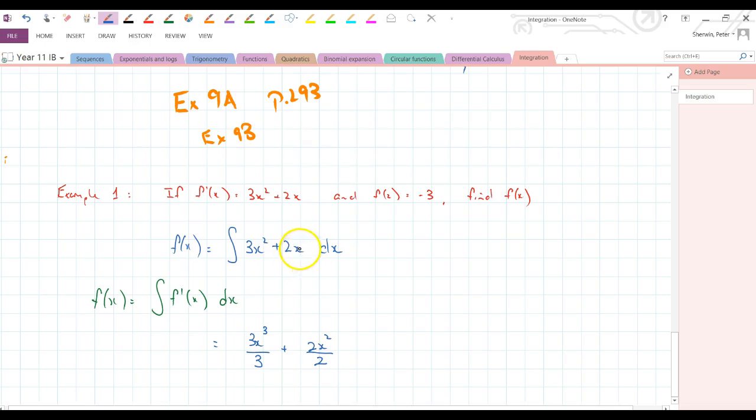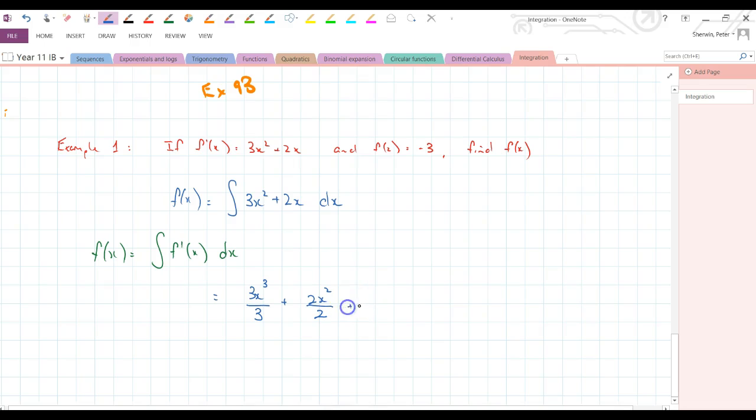So we hold the 2, increase the power of x by 1, and then divide by that new index value of 2. We need to add c on the end, obviously. Let's tidy this up: that's x cubed plus x squared plus c.